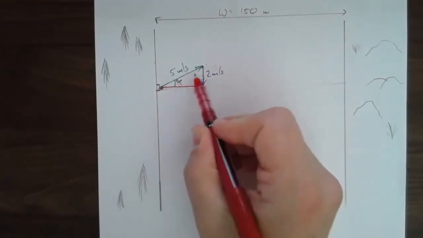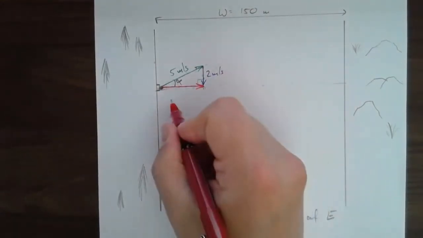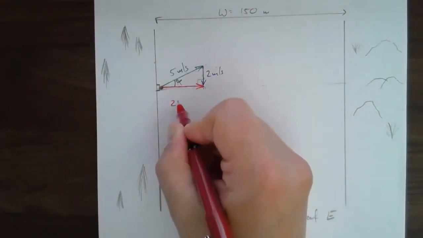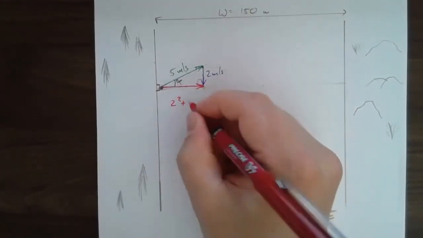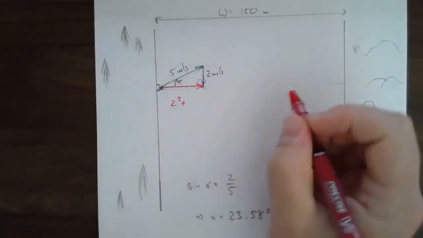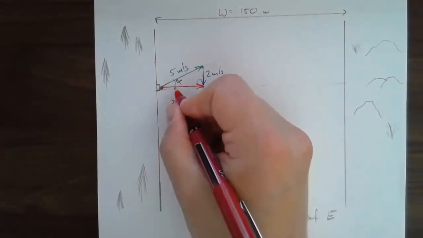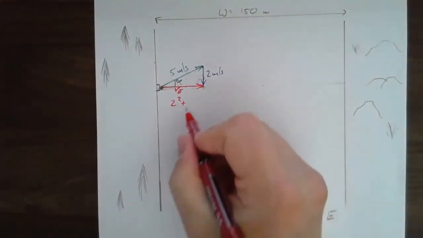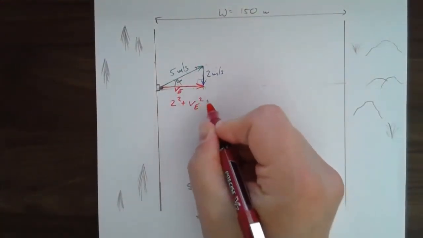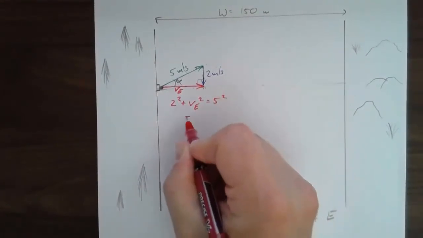So because this is the hypotenuse here, I've got that 2 squared plus, what should we call this? Let's call it VE, because the velocity east, VE squared equals 5 squared.